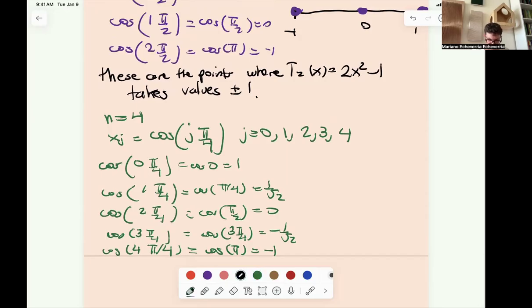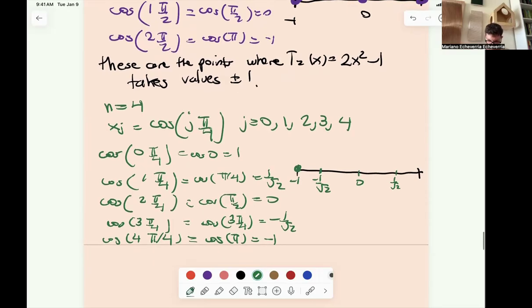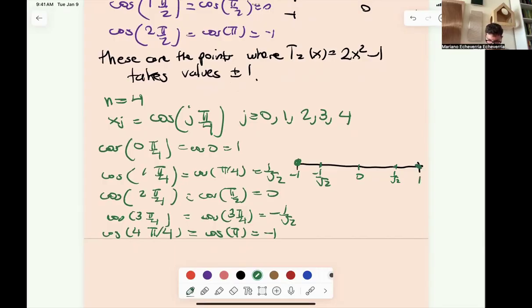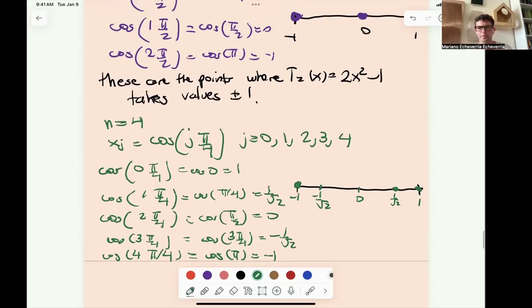So these Chebyshev points on the interval -1 to 1 are located at -1, -1 over root 2, 0, 1 over root 2, and 1.